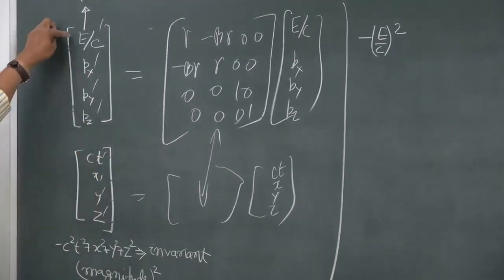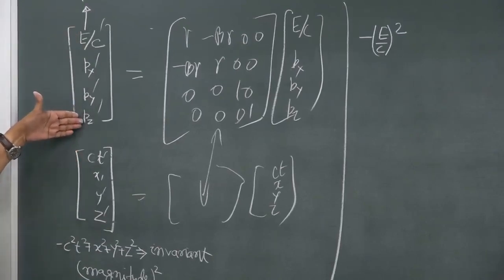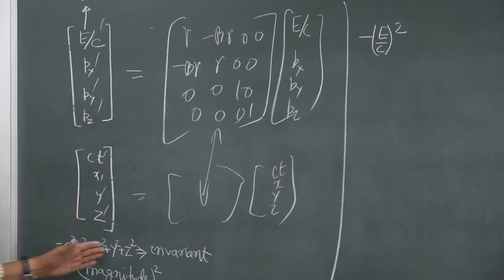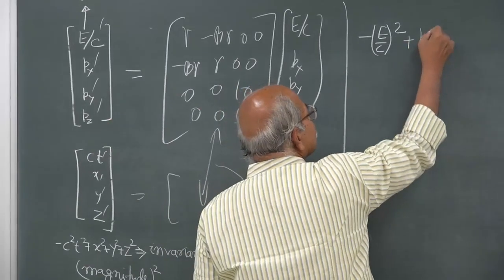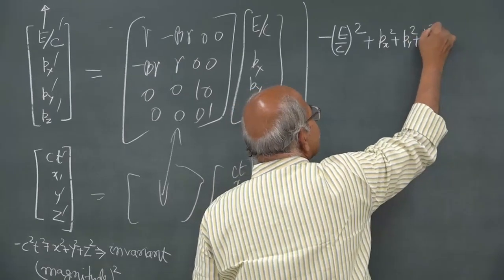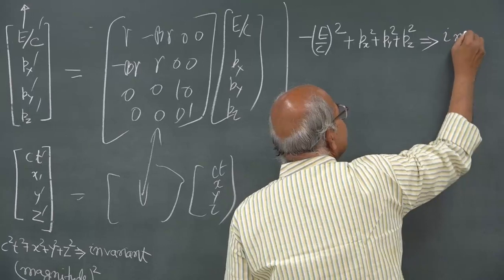Similarly here minus (E by c) square, and then plus Px square plus Py square plus Pz square, just like this, plus x square plus y square plus z square.